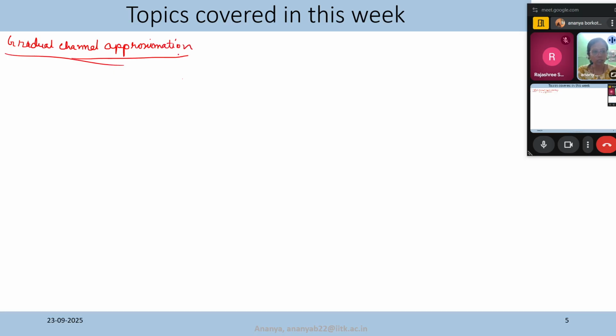See, this is an approximation. It may not be absolutely correct. So our ID expressions are not absolutely correct, but they are valid; the error is very small in certain conditions.